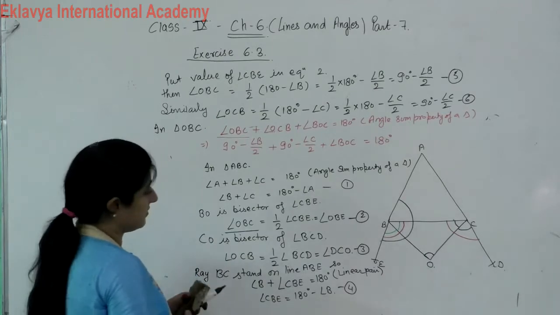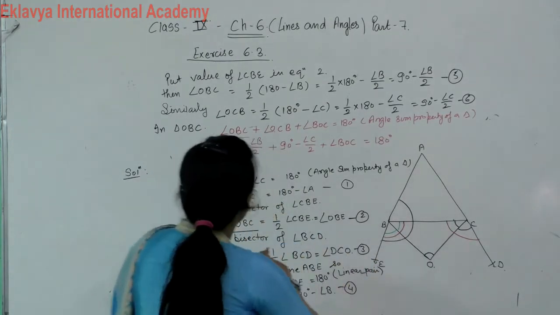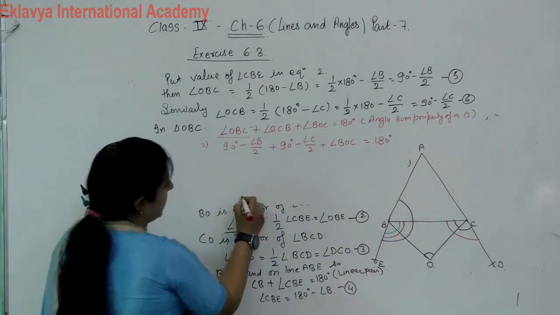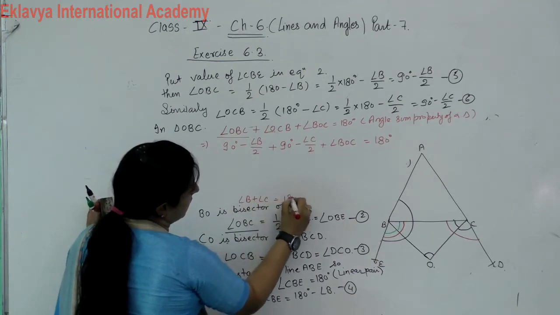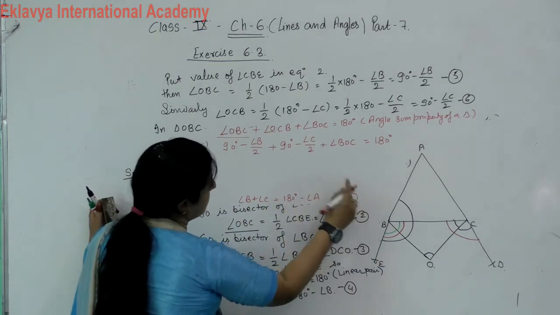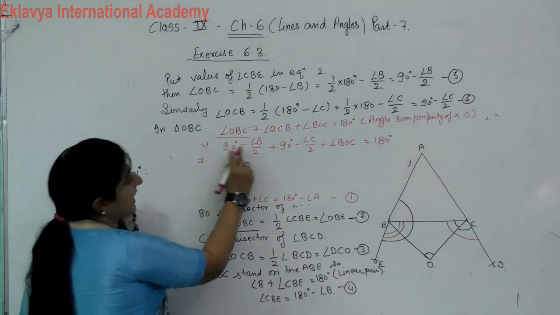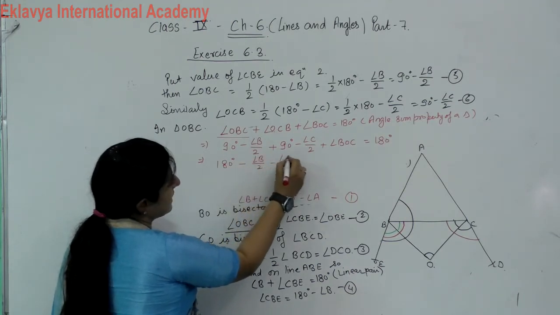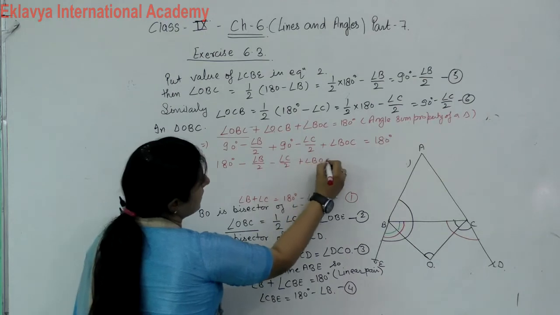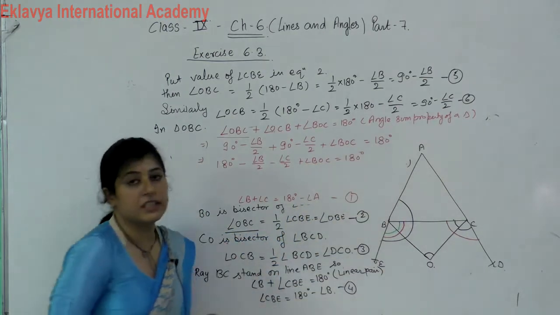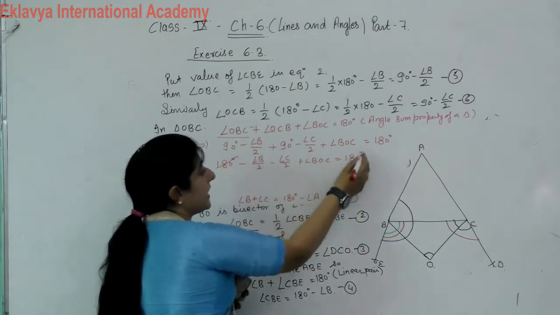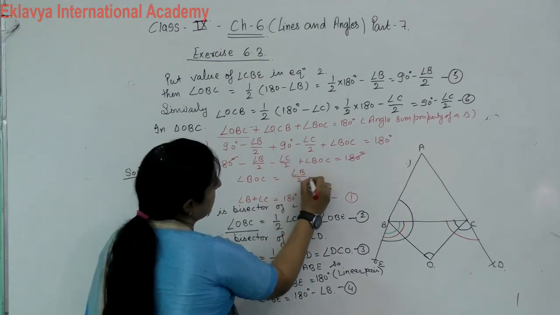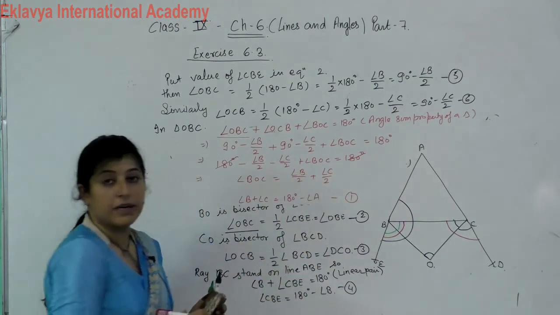Now see next. Here we write B plus C is equal to 180 degrees minus angle A, equation first, we need here. Now see, 90 plus 90 is 180, minus angle B by 2 minus angle C by 2, plus BOC is equal to 180 degrees. 180 and 180 cancel out, then it becomes angle BOC is equal to angle B by 2 plus angle C by 2.